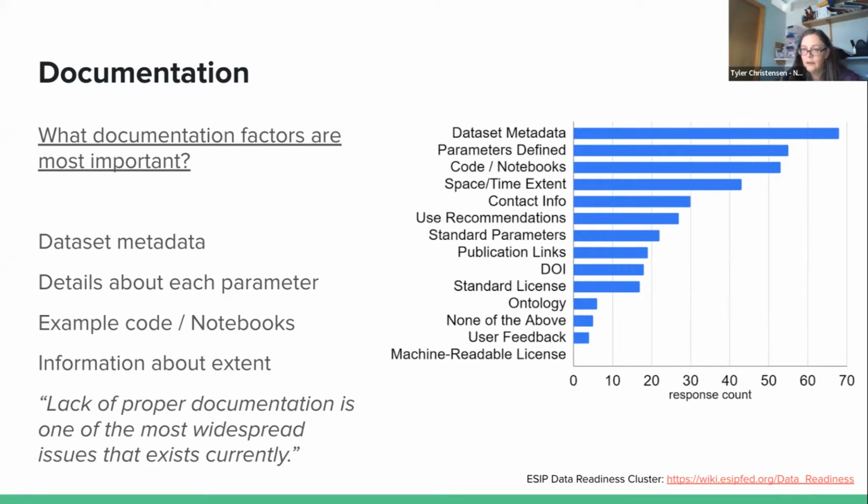So that means both in space and time, what's the coverage of that data set. So I've included one of the free text answers that we got here, which is lack of proper documentation is one of the most widespread issues that exists currently. So the more you can do to document a data set, the easier it is for folks to start using. Next, please.